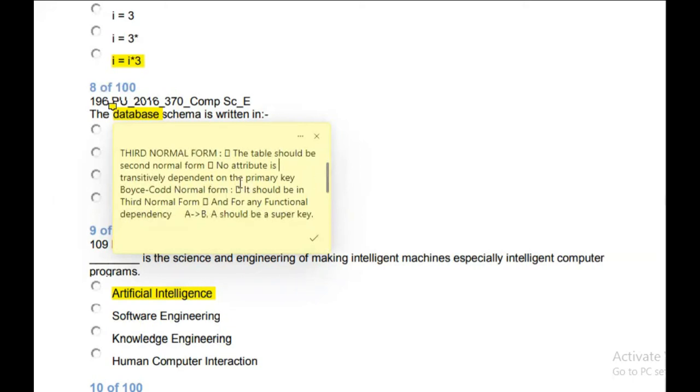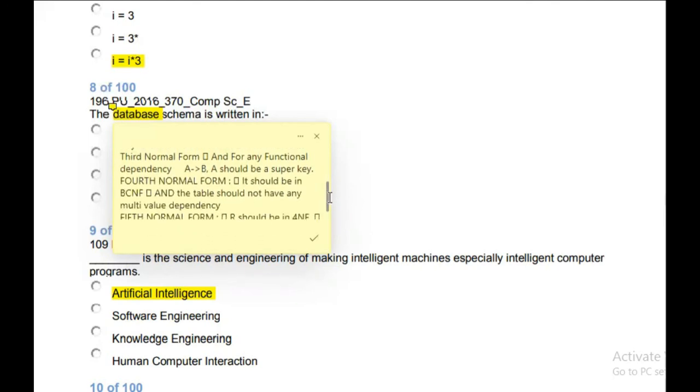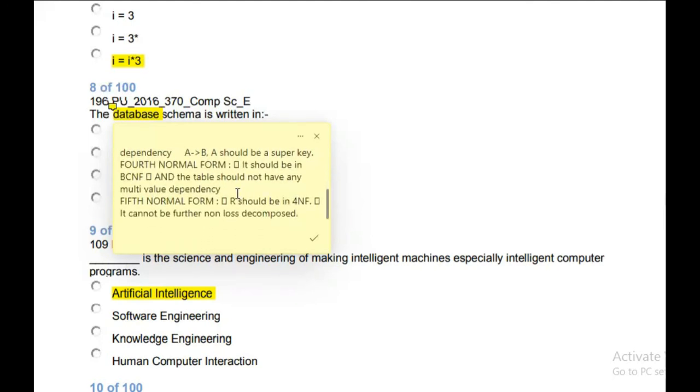Second normal form, no partial dependency on the primary key. Boyce-Codd normal form, it should be in third normal form, and for any functional dependency A determines B, A should be a super key. And fourth normal form, it should be in BCNF, and the table should not have any multi-valued dependency.